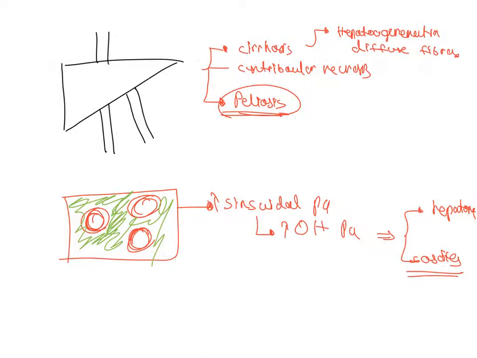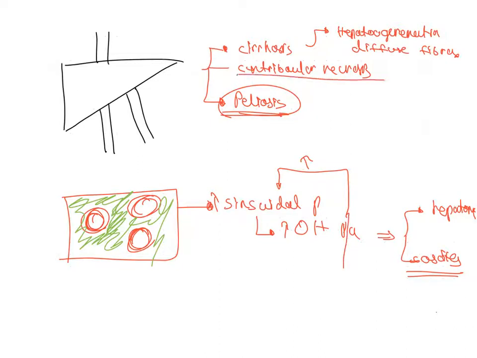So when do we really have hepatomegaly? Simple. Anything that increases the sinusoidal pressure. Yeah. So we have hepatomegaly and ascites in cirrhosis due to this reason.